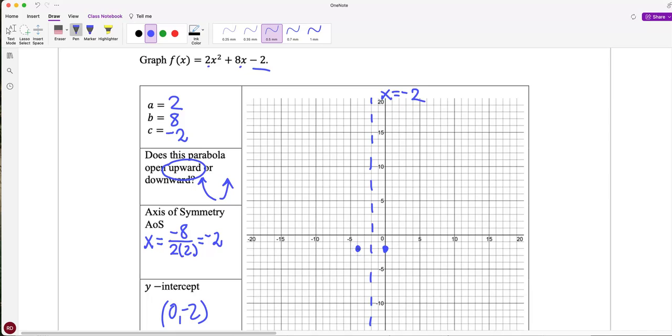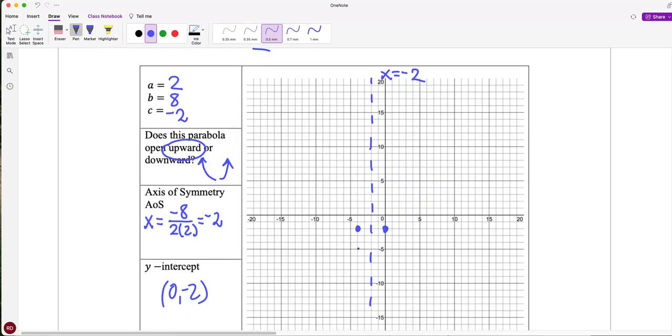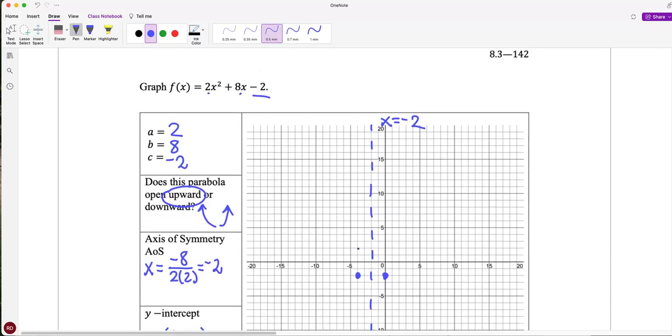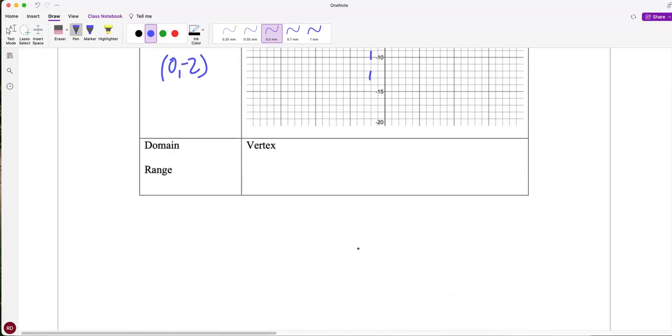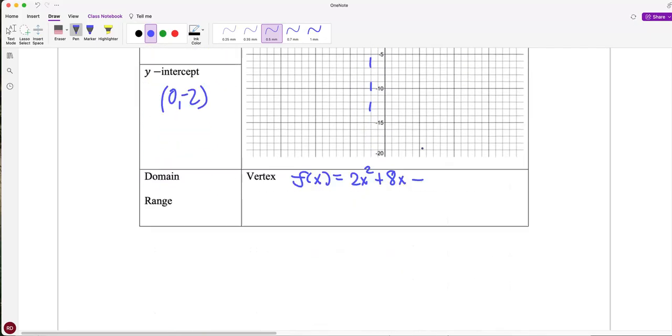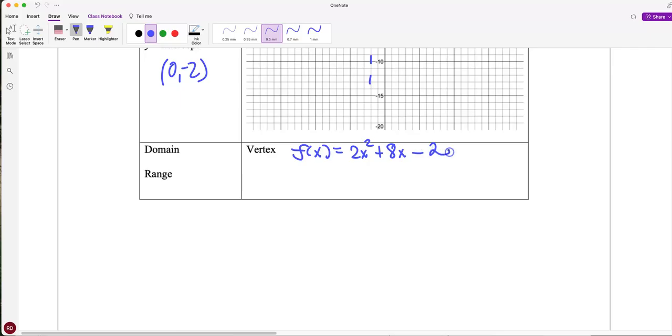Now, to find the vertex, you know the x value of the vertex is -2. So it's 2, 8, minus 2. So f(x) = 2x² + 8x - 2. So the vertex is going to be when x is -2.